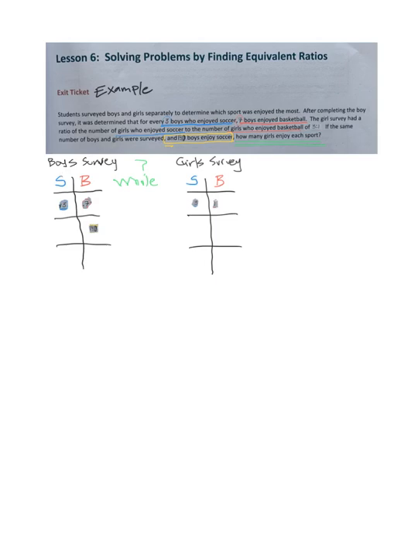So let's take a look here. Boys surveyed, we have 140. What did we have to do to get there? Well, there's a couple different ways we can look at this. We can say, well, what did you have to do to get from 7 to 140? We know that 7 times 2 is equal to 14. If we add in the 0, 20, we get 140.